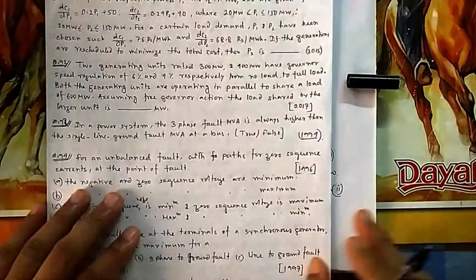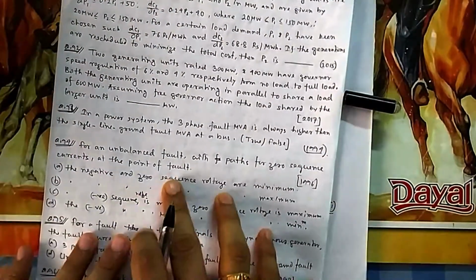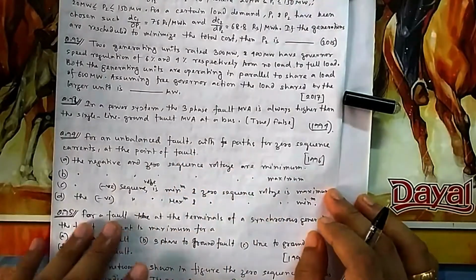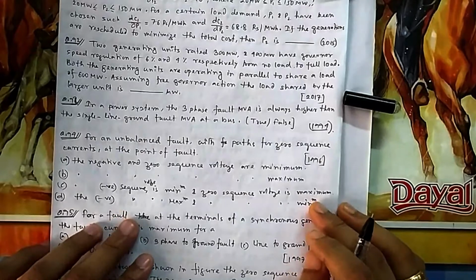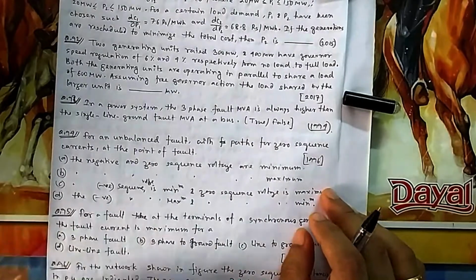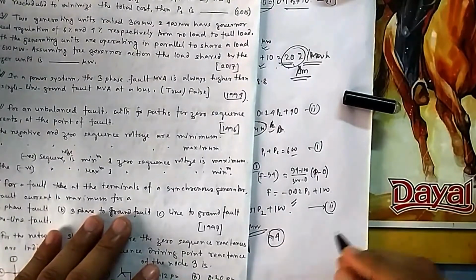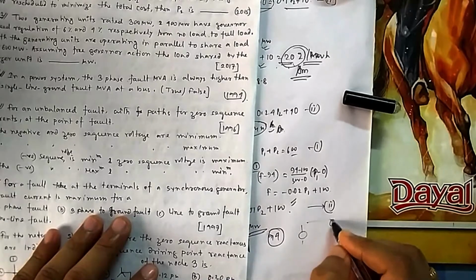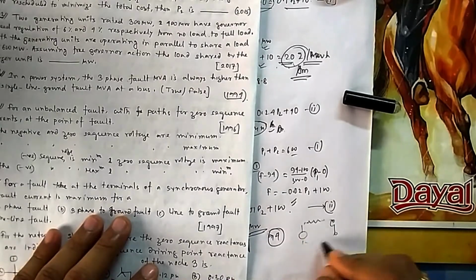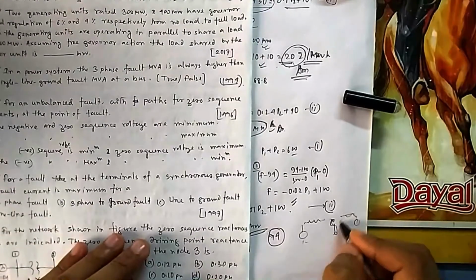Now if you come to 94, for an unbalanced fault with paths for zero sequence current, at the point of fault, which sequence voltage will be maximum, minimum, positive or negative? They are asking about negative and zero sequence. If you see your positive sequence network, if you draw the network, suppose there is a fault here, so there are impedances everywhere, and current can come from this side also, this side also.